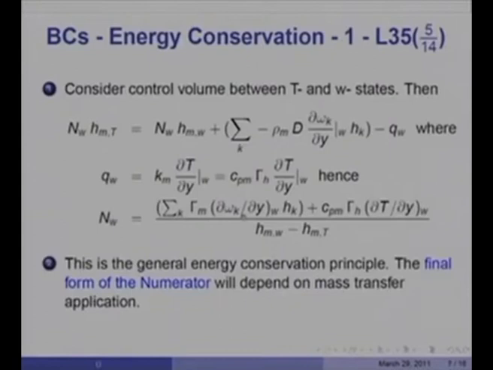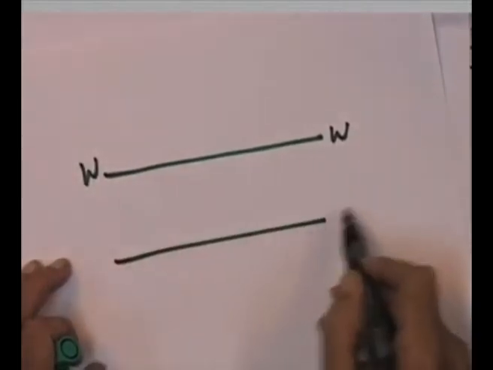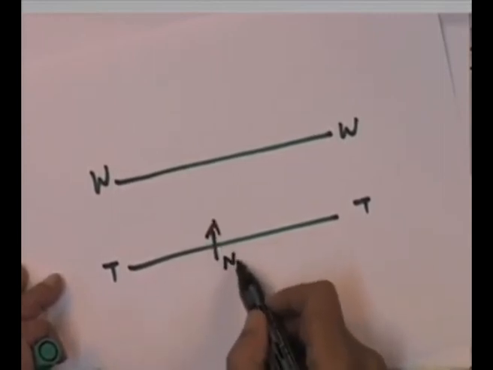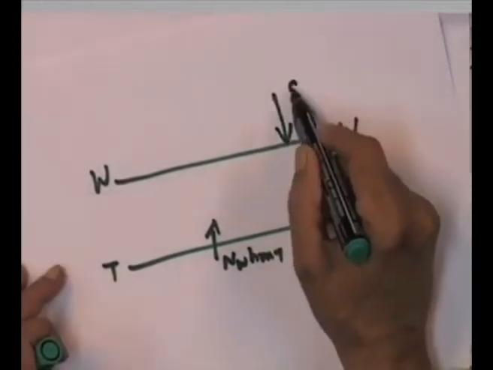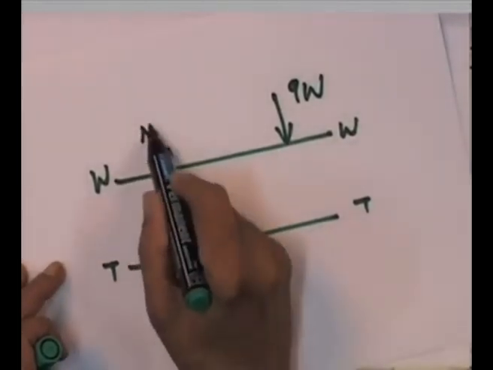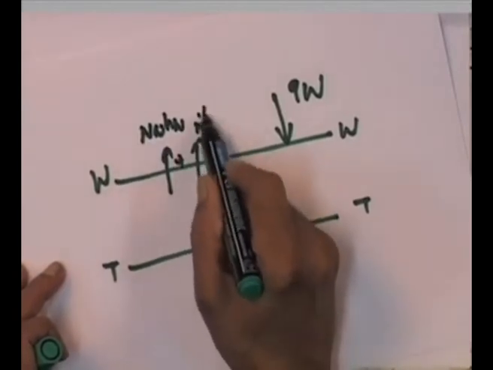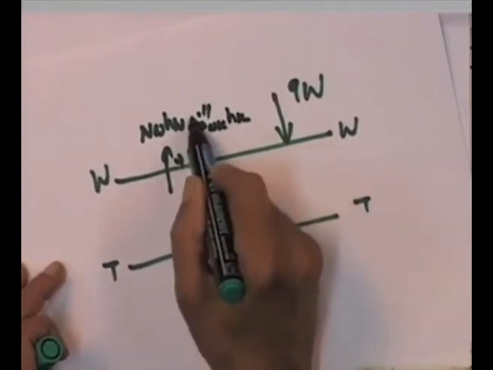Likewise, we can do so for the energy equation. So for example, in the energy equation, again, if I consider this to be W state and this to be T state, then N_W times h_mT will be the flux coming in, as well as q_W will be another flux coming in, whereas what is going out is the convective flux N_W h_W plus m dot W diffusion of the W_k h_k sigma.